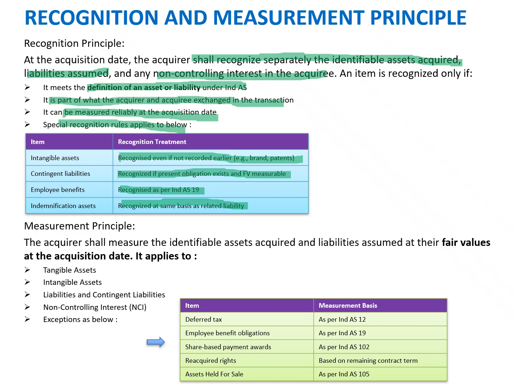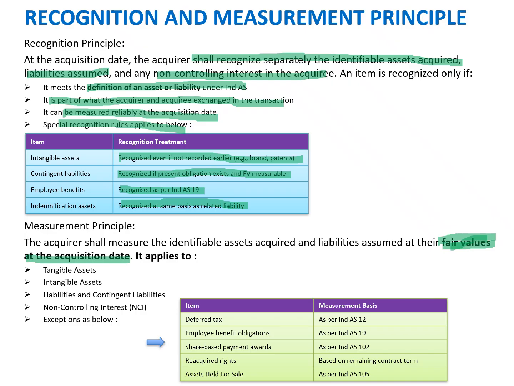The measurement principle is that the acquirer shall measure the identifiable assets and liabilities assumed at their fair value. This is most important. It has to be done at fair value and not the value at which it is being carried in the books of the acquiree, at the acquisition date. So two things are important here: first, it has to be measured at fair value, and second, it has to be measured at the acquisition date.